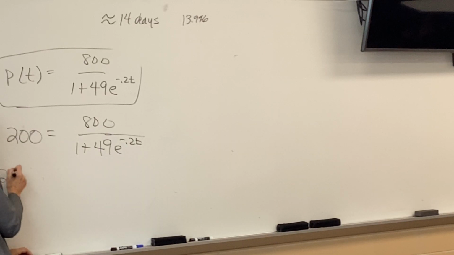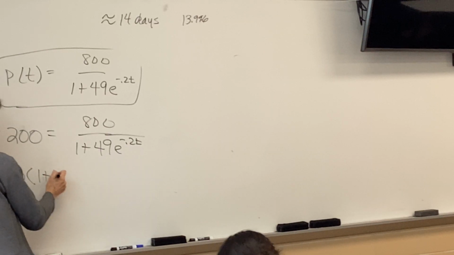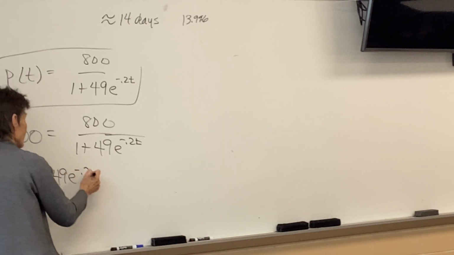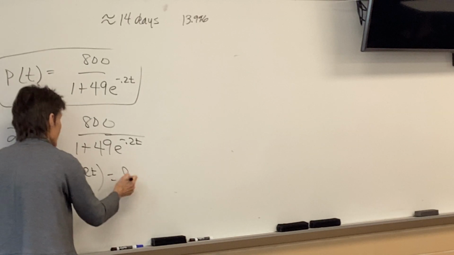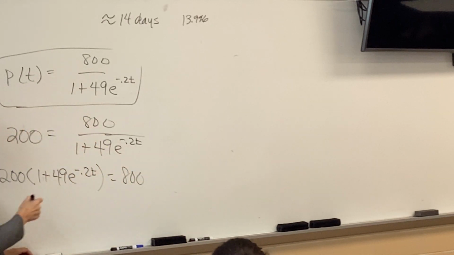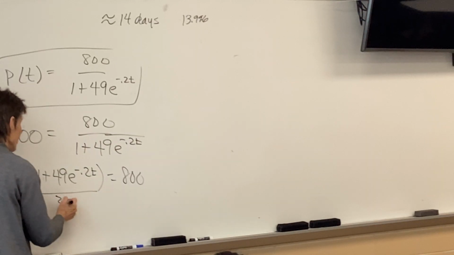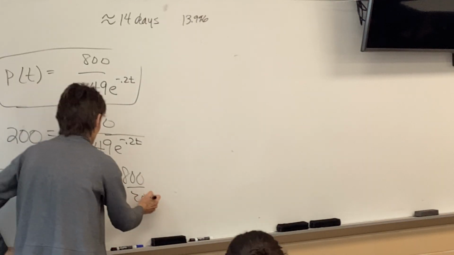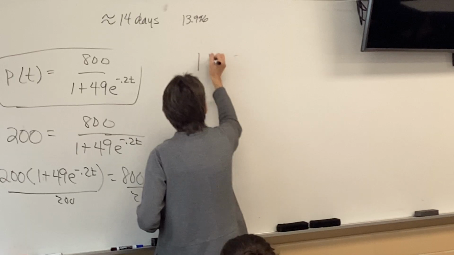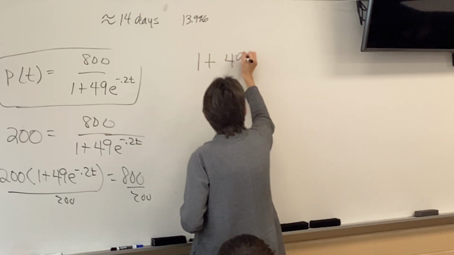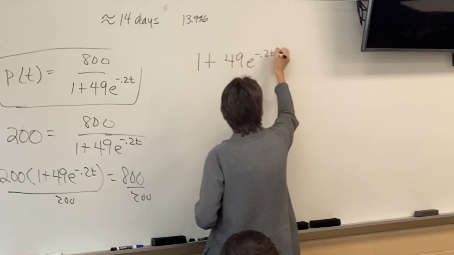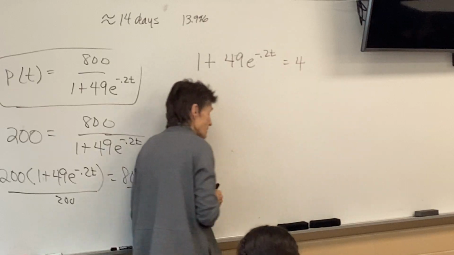So I'm going to have 200 times 1 plus 49 e to the negative 0.2t equals 800. Now I'm going to divide by 200. So I'll have 1 plus 49 e to the negative 0.2t equals 4. Does that make sense to everybody?